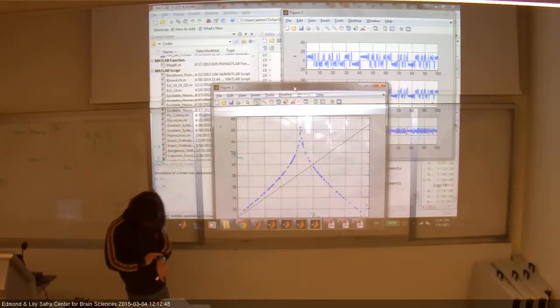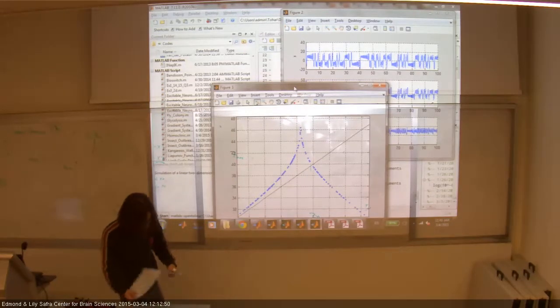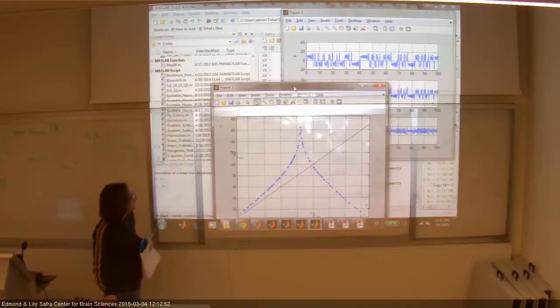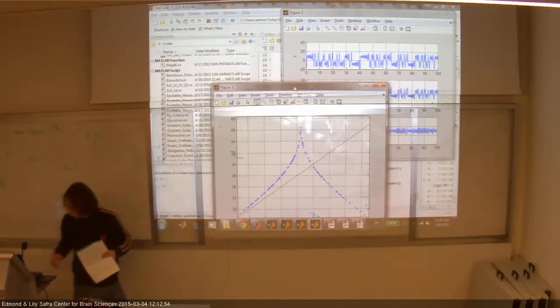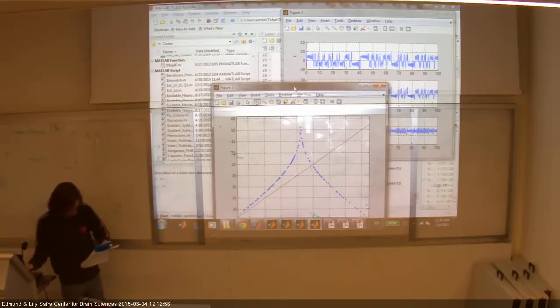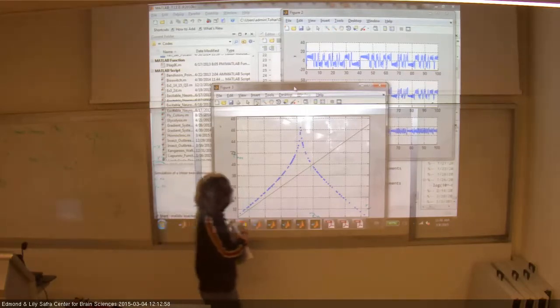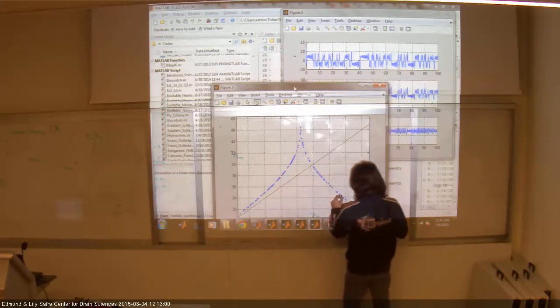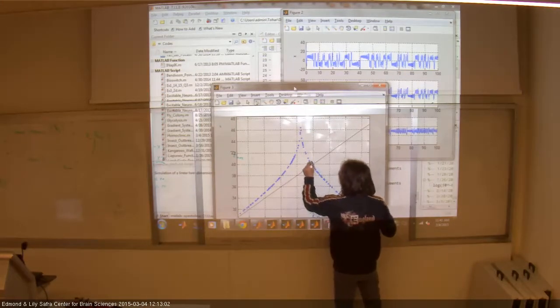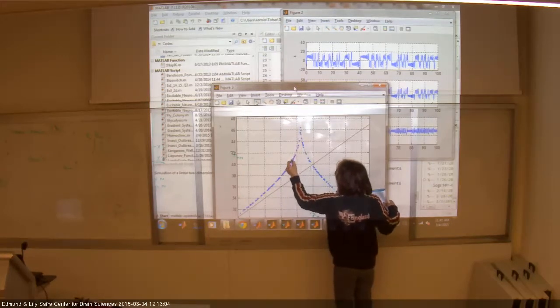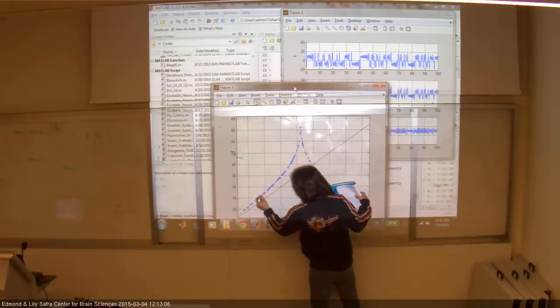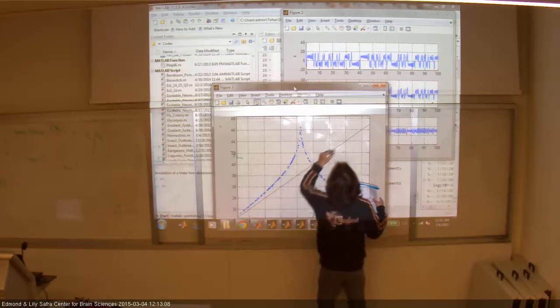The final thing I'm going to do is show you how we can analytically rule out the existence of limit cycles in the Lorenz system.